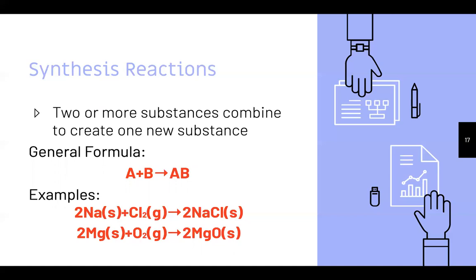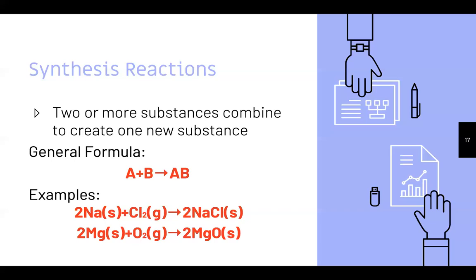Right, the Na and Cl2 combine to make NaCl. Mg and O2 combine to make MgO. See, that A is the Na, the A is the Mg, the B is the Cl2, the B is the O2, and that becomes NaCl, MgO. They become one, is what that synthesis is saying.